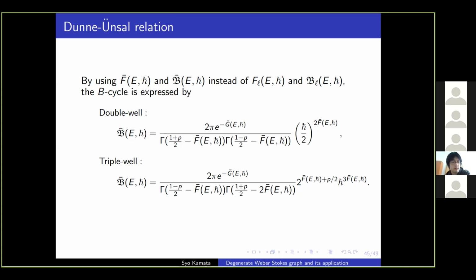The final result of physical quantities like the bound state energy spectrum or partition function should not depend on your choice of the ARA type or Degenerate Weber type. If that understanding is correct, could you tell me the advantage or necessity to choose either the Degenerate Weber type or the ARA type Stokes graph?